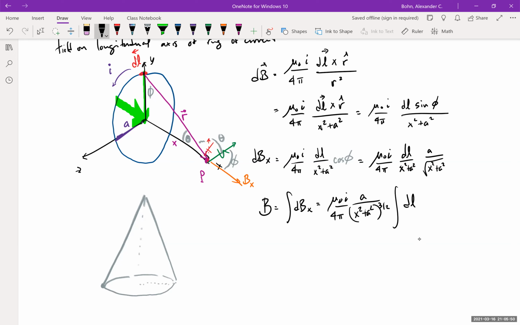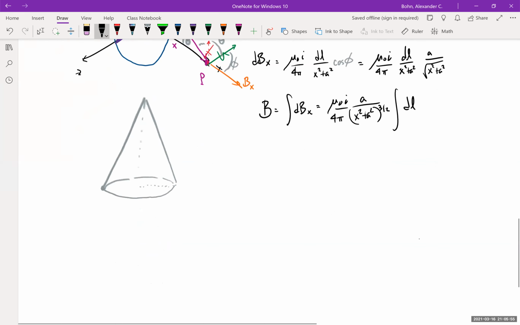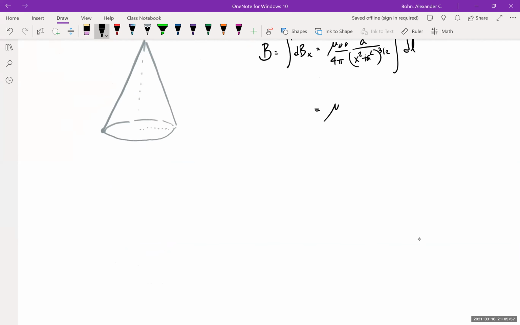That's just the circumference, the circumference with radius a. The 2 cancels the 4, the pi's cancel, and the a's square, and I'm almost positive that is the expression that we left on the slide a minute ago.